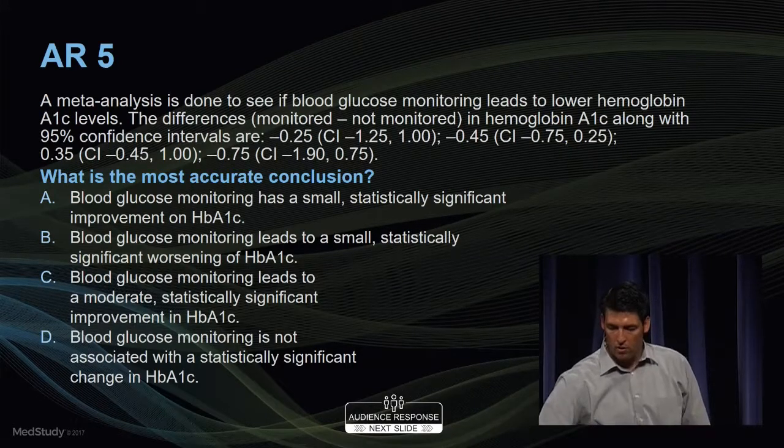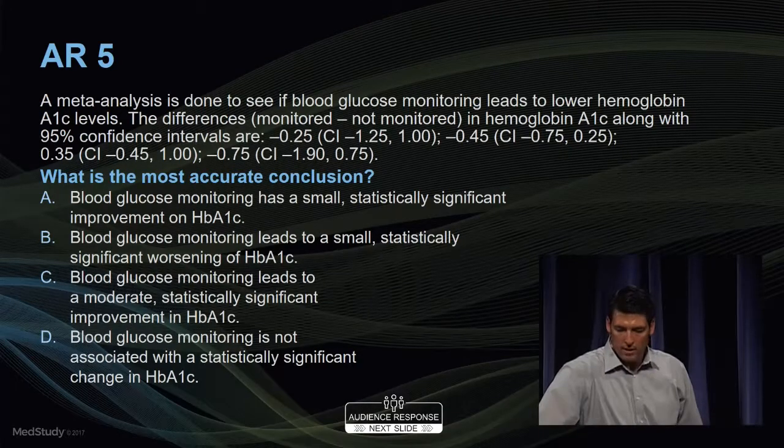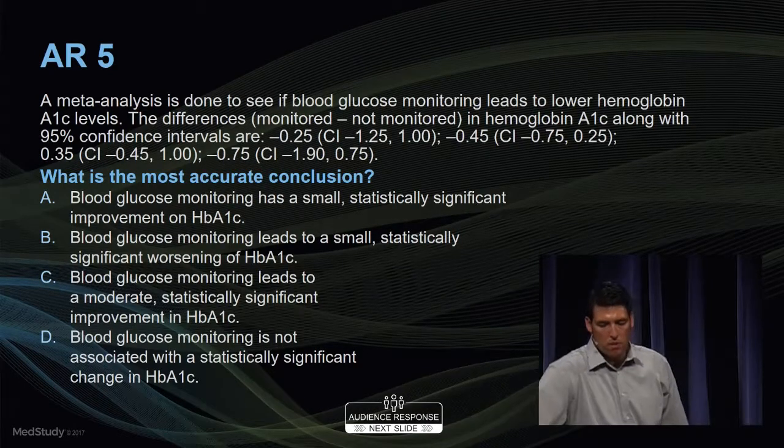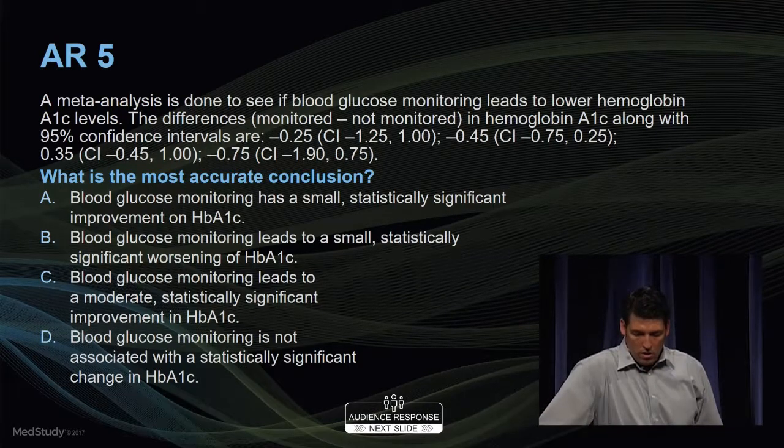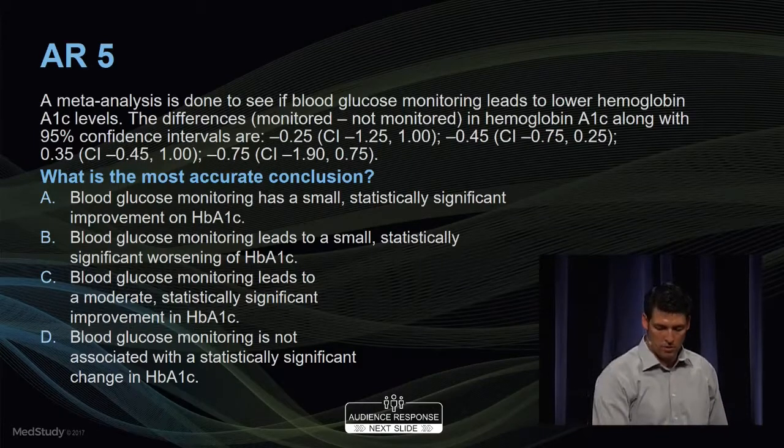And I have that for those 4 studies. So, what is the most accurate conclusion about this particular study? Blood glucose monitoring has a small statistically significant improvement on HbA1c. Blood glucose monitoring leads to a small statistically significant worsening of HbA1c. Blood glucose monitoring leads to a moderate statistically significant improvement in HbA1c. Or the monitoring is not associated with a statistically significant change in HbA1c.